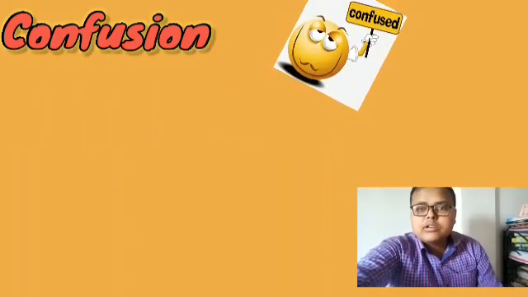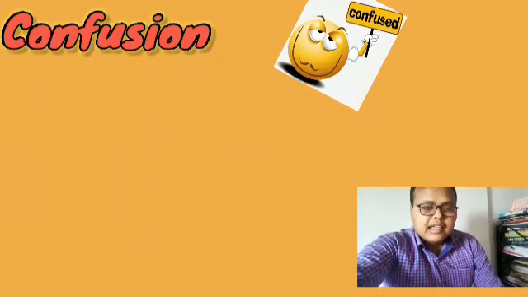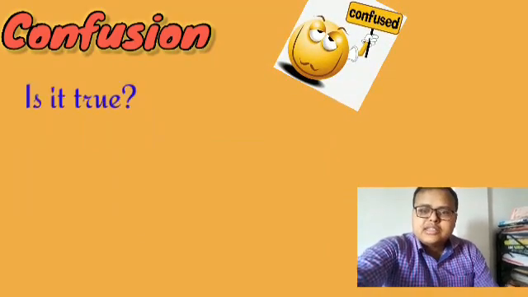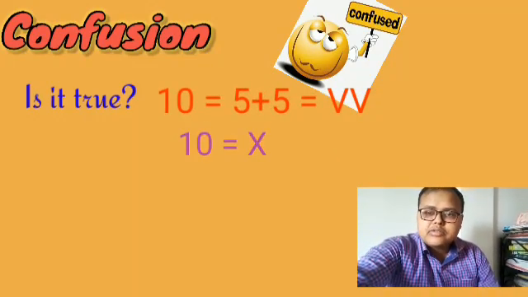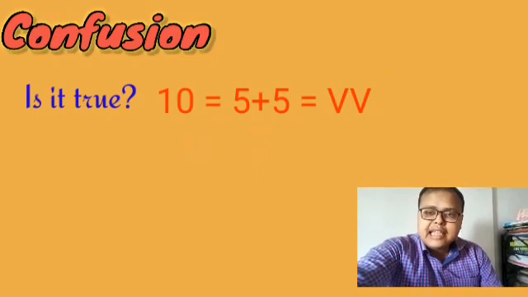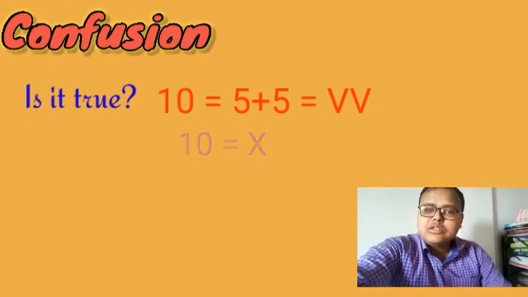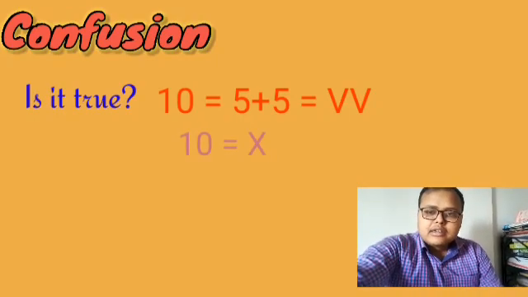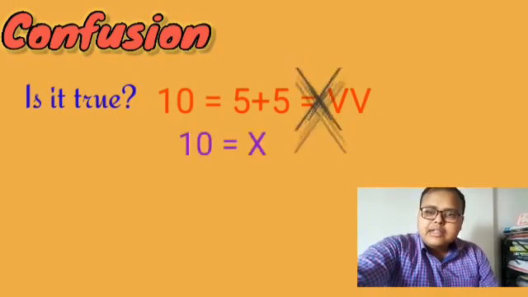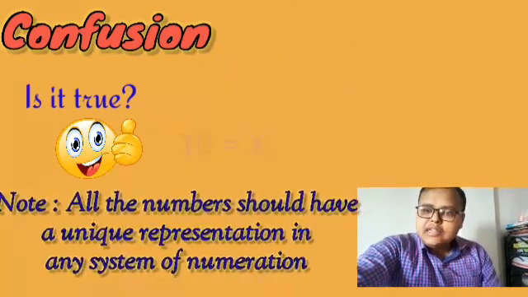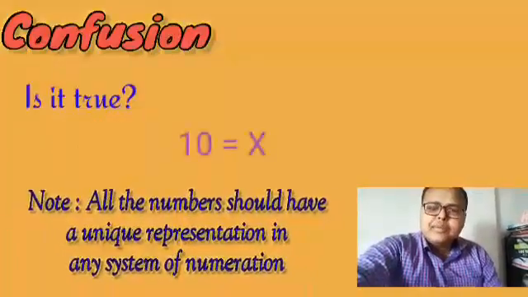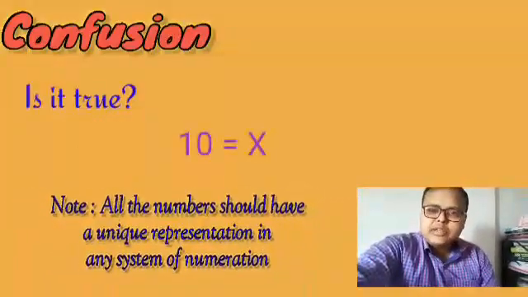Now there is a common confusion that arises here. Can we repeat V twice to represent 10? As we know, there is another representation for 10, that is X. X can be written to represent 10. So can we repeat V twice to represent 10? The answer is no. There should be only a unique representation for any number in any system of numeration.